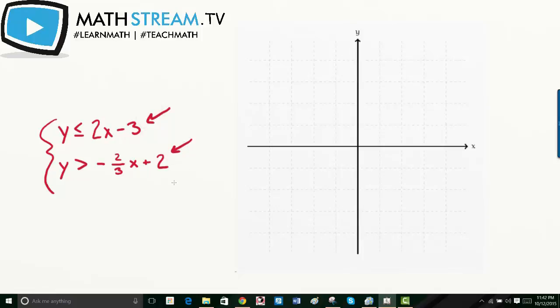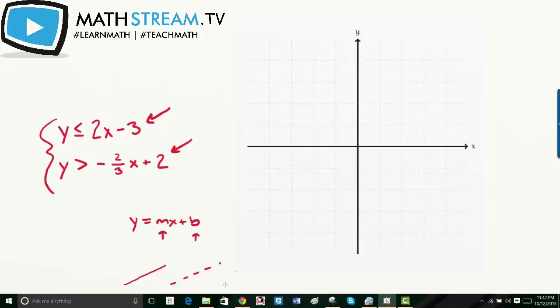All we need to do is get them into y equals mx plus b form. Then we find the slope, we find the y-intercept, and then we graph. If it's greater than or equal to or less than or equal to, we use a solid line, and if it's just a less than or a greater than, we use a dotted line.